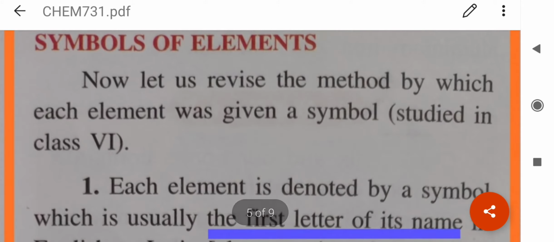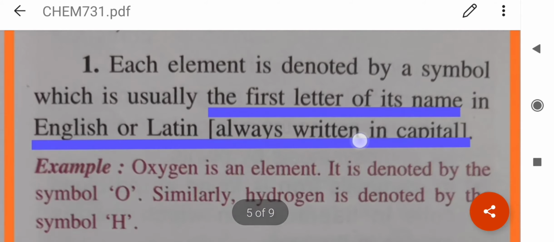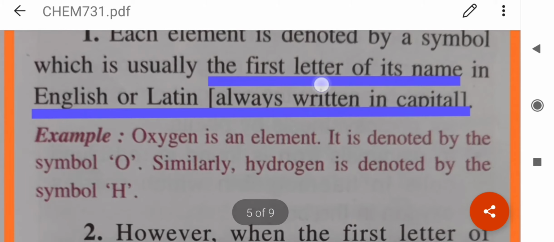Now let us revise how to write the symbols of elements. You know that a symbol is the short form for writing the name of an element, which is usually the first letter of its name in English or Latin, but it is always written in capital.